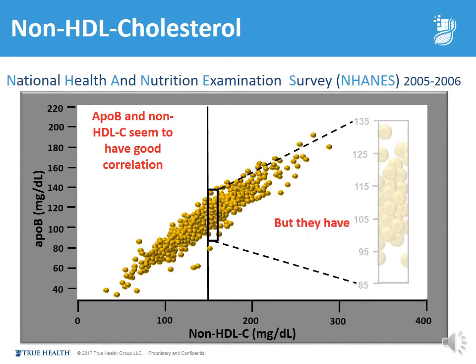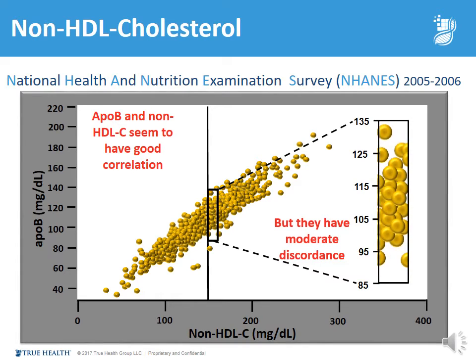What would be the concordance or discordance with respect to apolipoprotein B? Well, you can see, even though non-HDL cholesterol is a better ApoB biomarker than is LDL cholesterol, there can still be significant discordance.